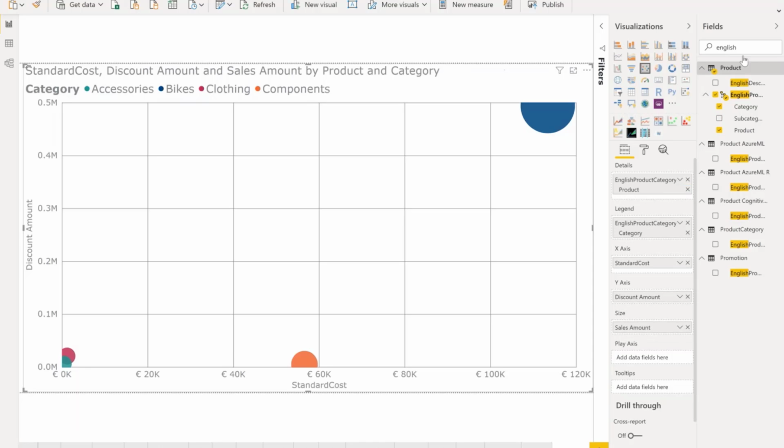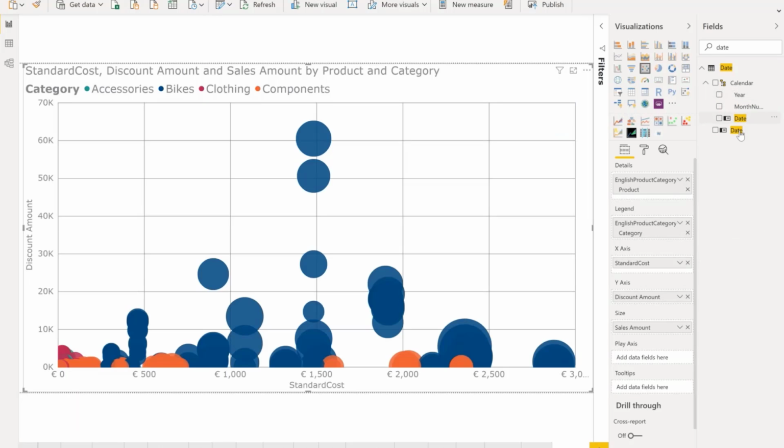So we get all those values, and then we can add the date on the play axis. So we have the date here, and I put it down to the play axis, and then we see these patterns changing over time. I'm rebuilding the chart there. Get rid of the fields and visualizations.